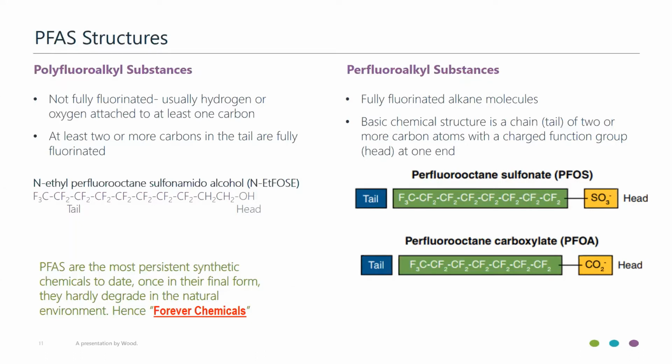And for those that have heard of the health advisory for drinking water, it's based on PFOS and PFOA, which are these two chemicals here shown. And you can also see that the head of these has a negative charge. So these are also anionic chemicals, which is another reason they have quite interesting and different chemical qualities. So anyways, this is why we call these forever chemicals, because they're very persistent. And once they reach this final form, they're very, very hard to break down.